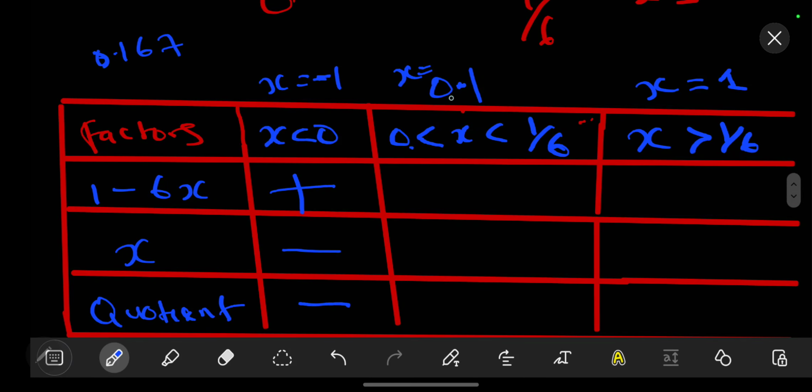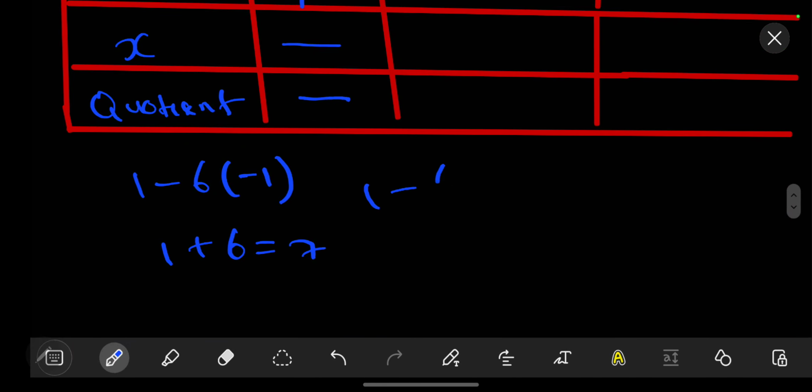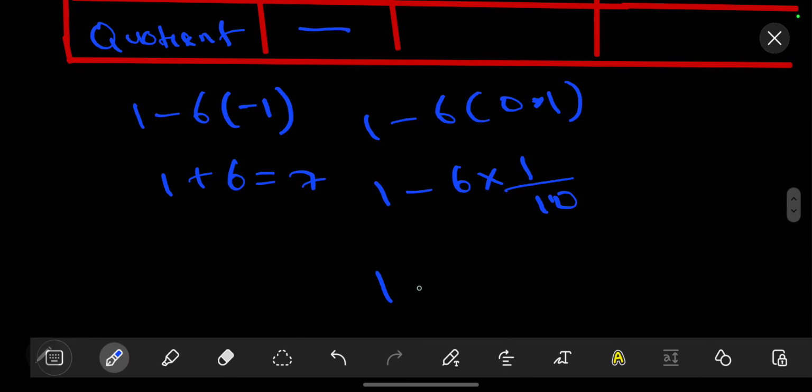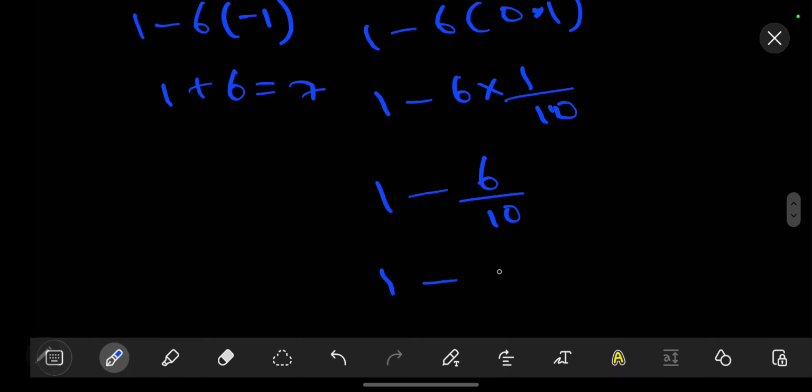When we get a 0.1, we put it here. We are going to have 1 minus 6, where there is x we are going to put 0.1 like that. So we are going to have 1 minus, when you are multiplying, this is the same as 6 times 1 over 10, since we don't have the calculator. So we have 1 minus 6 over 10. This 6 over 10 is the same as, we have a 0 point, we add another 0, 60 divided by 10 will give you 0.6.